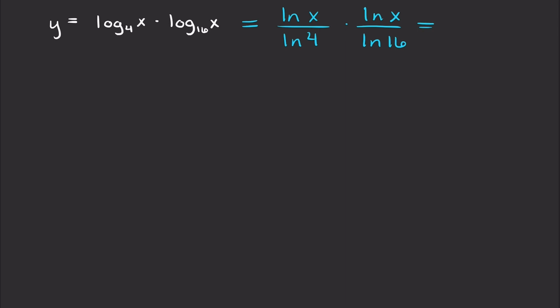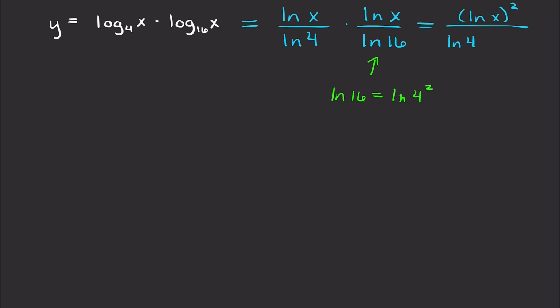Now, if we actually multiply this out, this becomes the natural log of x all squared over the natural log of 4. And here I'm going to write this term, ln of 16, as the natural log of 4 squared.